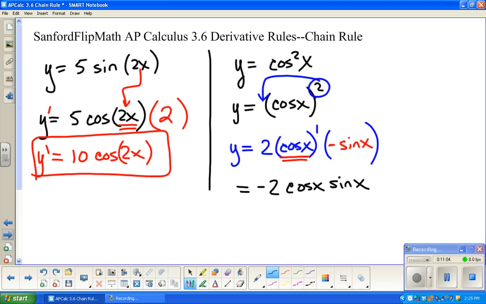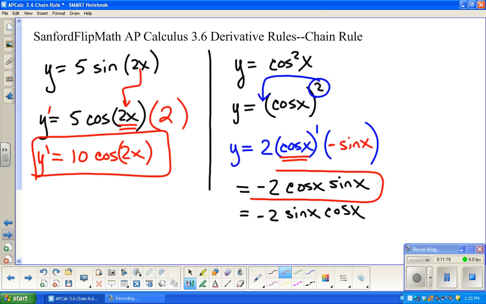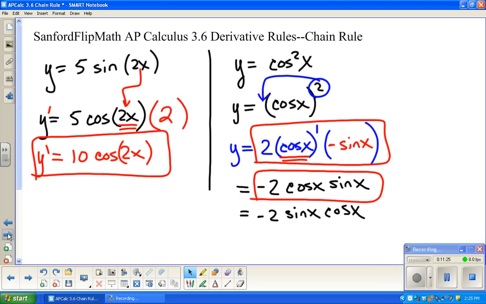And if you were feeling especially spunky here, I'm just going to rewrite this one more. Now, some of you are just going to freak out when I do this, but sorry. So this is fine. 2 sine cosine, if you recall, is the same thing as sine 2a, in this case sine 2x.